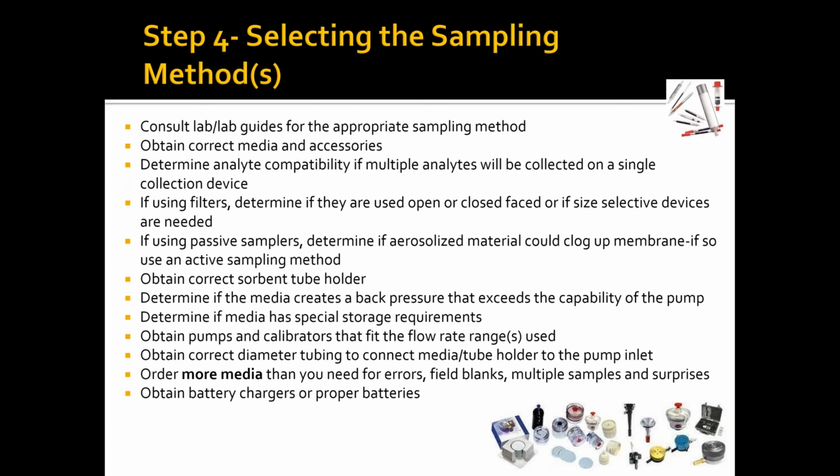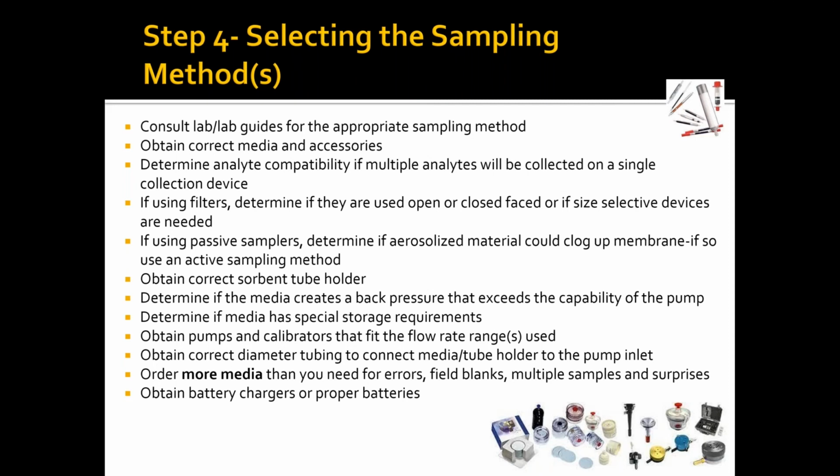The best place to start is with whatever laboratory you're using, and you always want to follow what the laboratory is telling you and the specific laboratory that you're going to be using. Many of them, in fact most of them, have either printed guides or online guides that will tell you what options you have for sampling. But remember, there are oftentimes many methods for a single component, and it takes some judgment or some asking of the lab personnel which is the most appropriate one for your application.